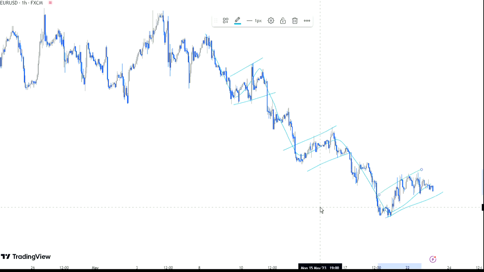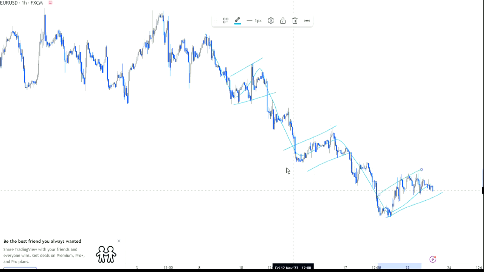So as we see here, this is a flat, and if we are counting it as an Elliott wave, that is point A, that is point B, then point C, then the trade was moving down.